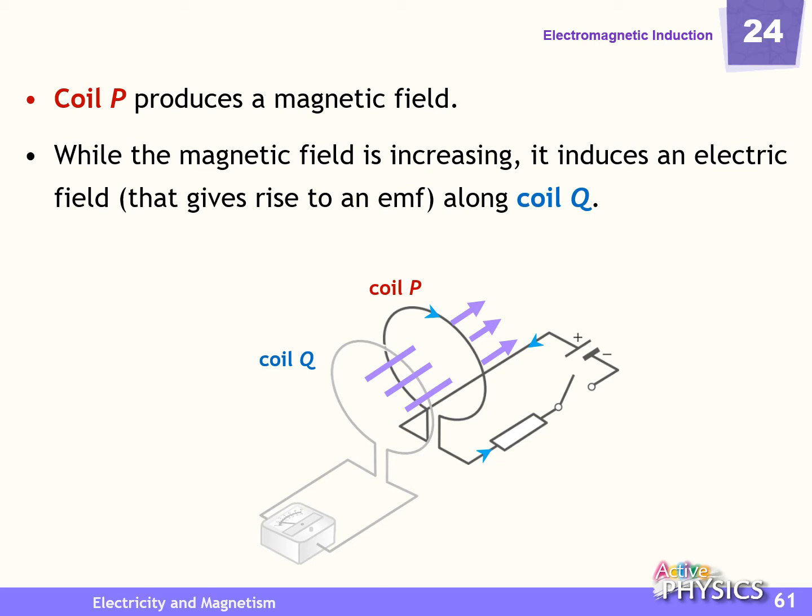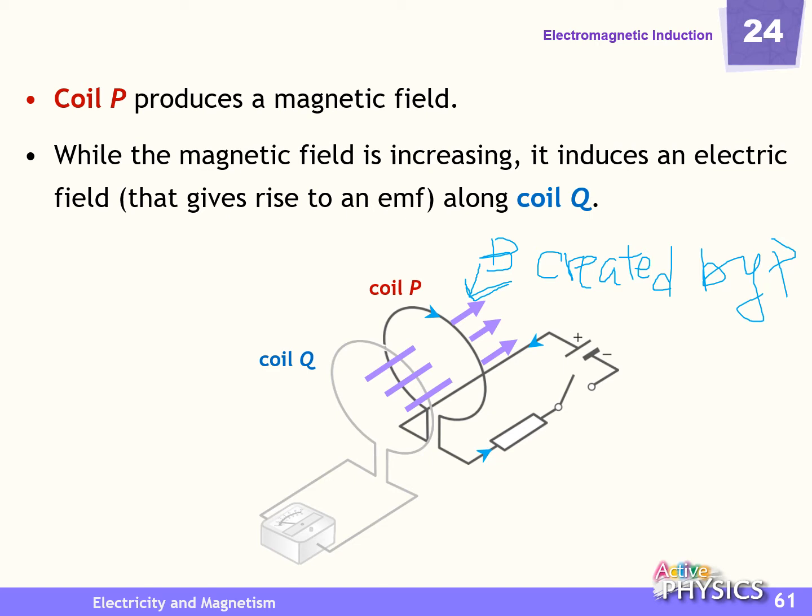Use the right hand grip rule, and you will find that there is some magnetic field created by P. Which points toward P? You can use the right hand grip rule to find the direction of the magnetic field. Originally there is no magnetic field passing through Q before you close the switch.